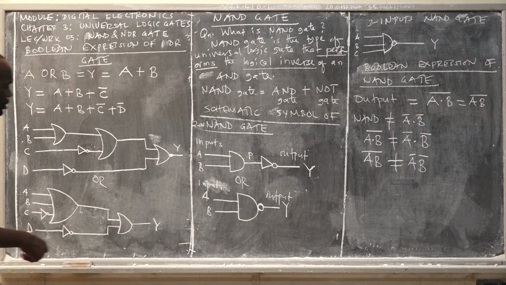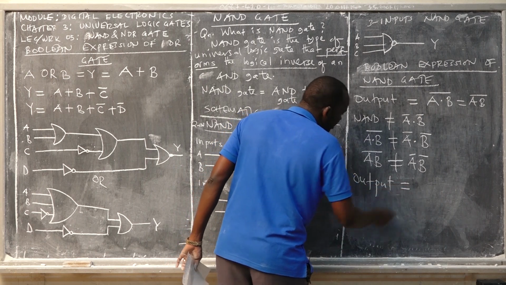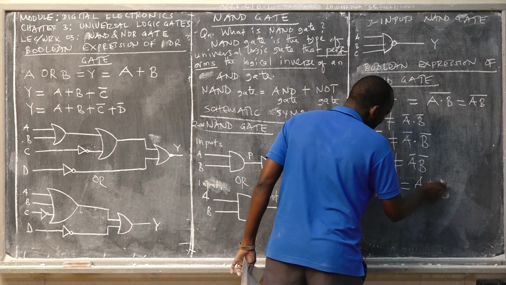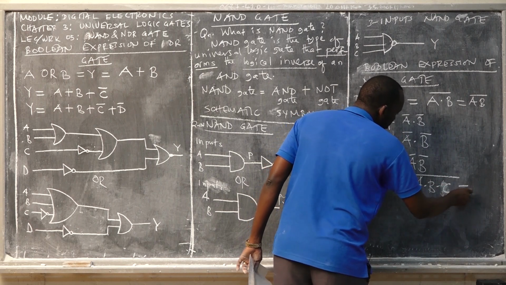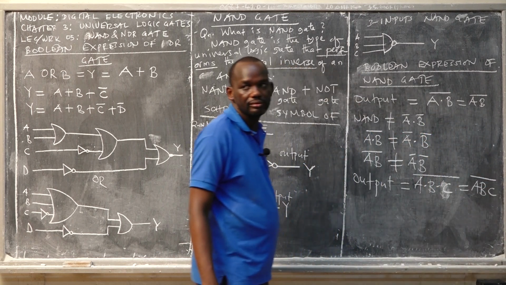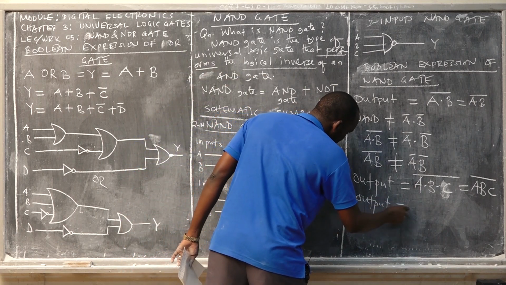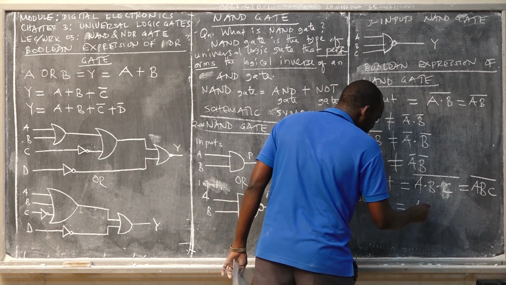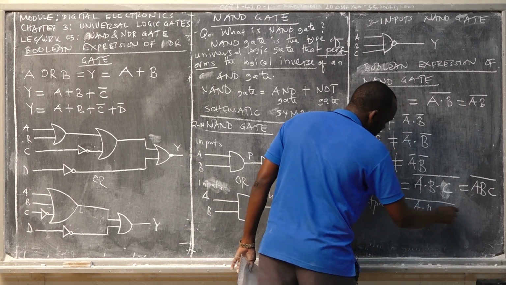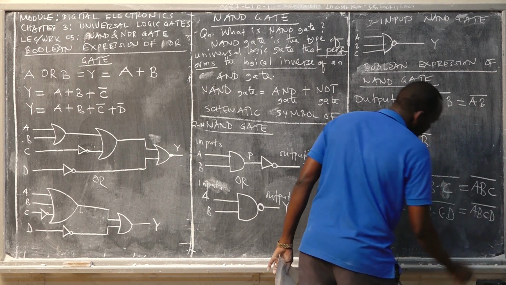For the three inputs, the Boolean expression of the NAND gate is A dot B dot C bar, or we call it ABC bar. For the four inputs, we may have A dot B dot C dot D, and this one is also ABCD bar.